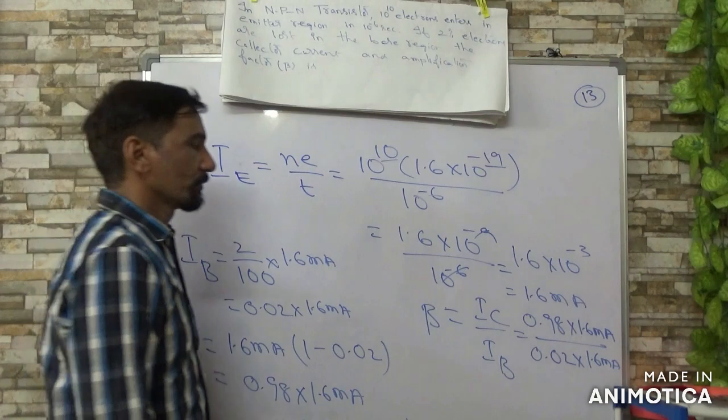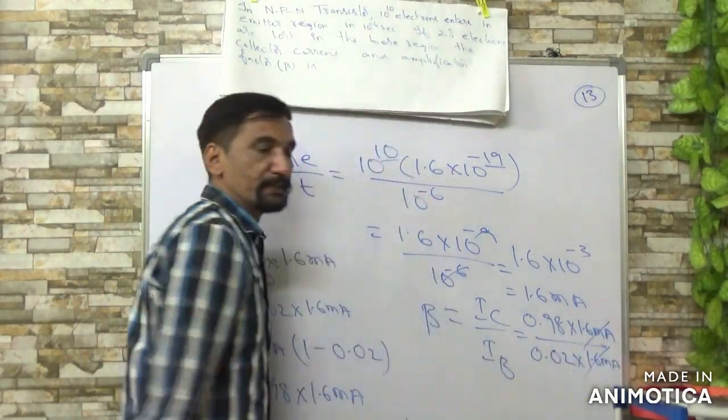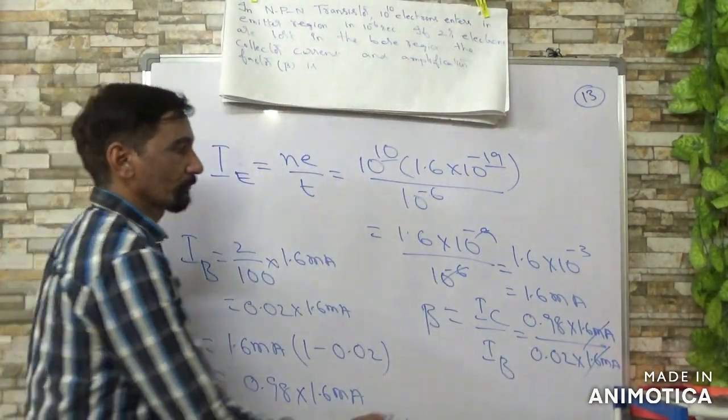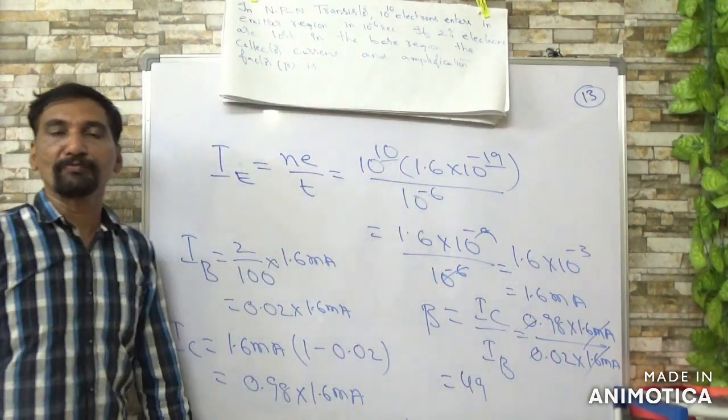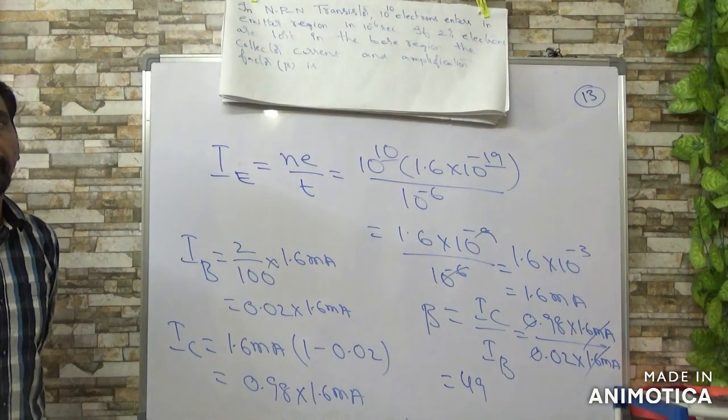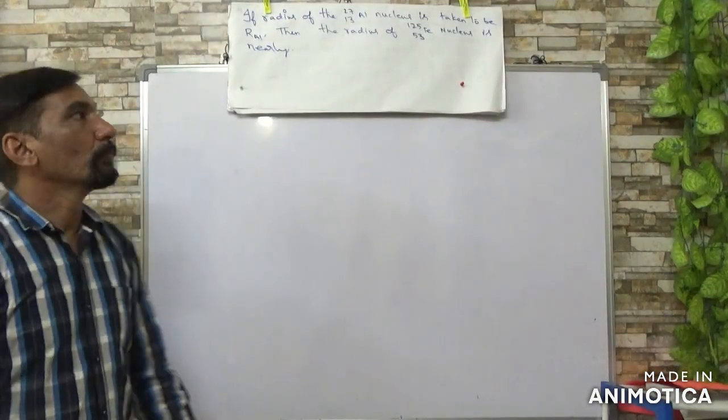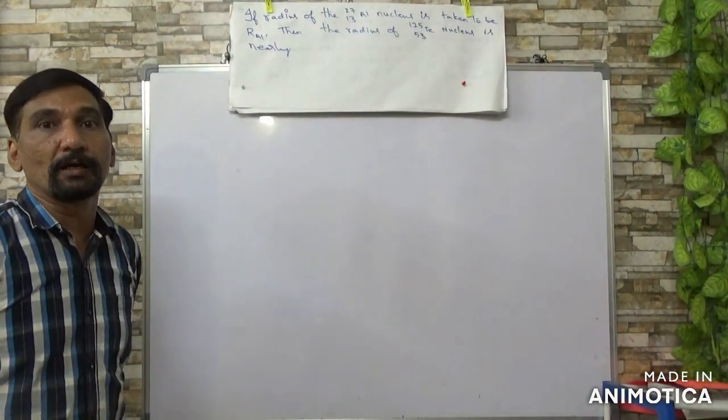Okay, so these two are cancelled. Now points cancelled, so 49. Amplification factor is 49.